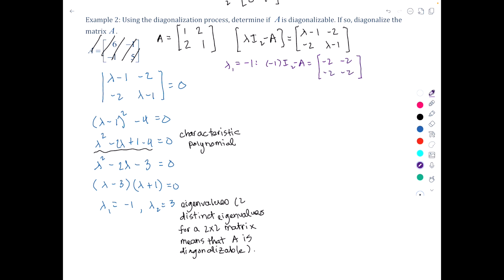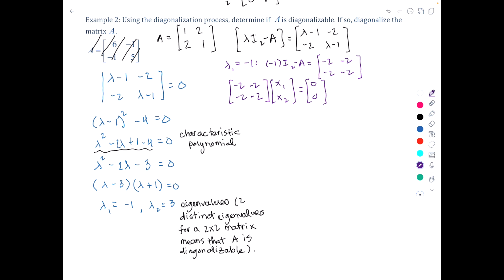So that would be really easy to work with. And then we have to basically solve this equation. Negative 2, negative 2, negative 2, negative 2 times x1, x2 is equal to 0, 0.